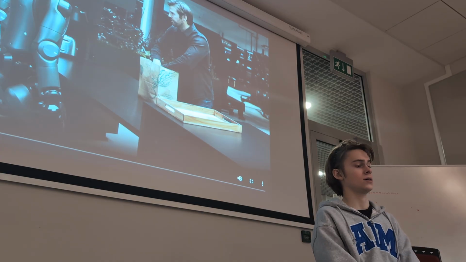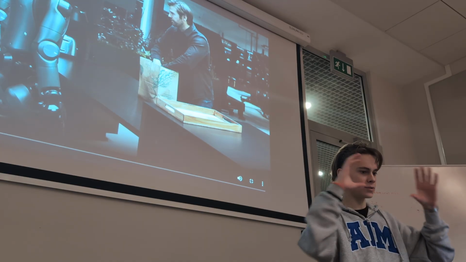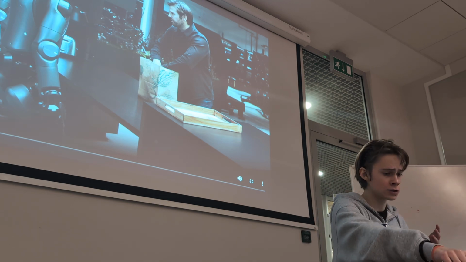So it's probably how they collected the data: the robot sees something and it should move here.